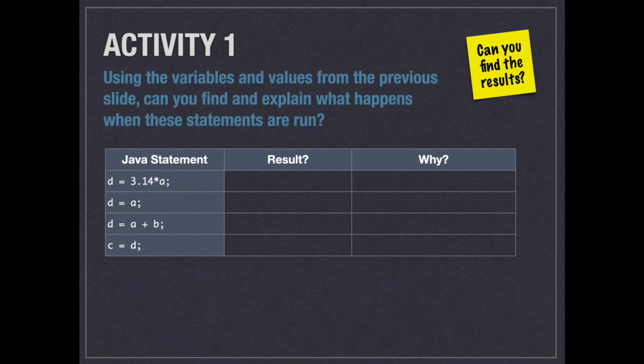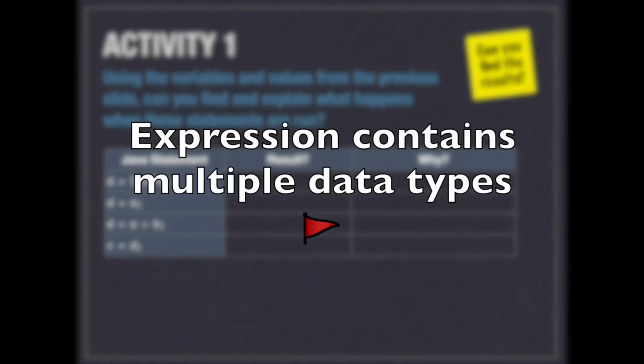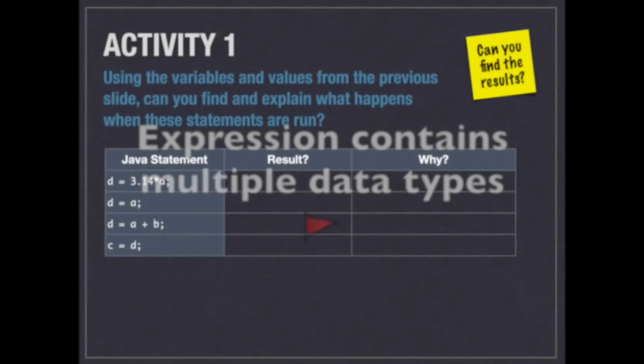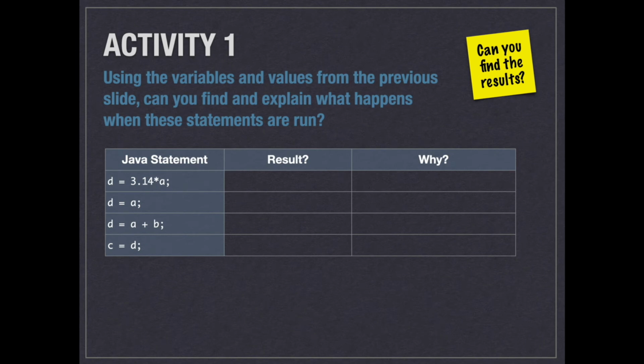So again, on the right-hand side of the equation, we have a mixed data type situation, and we may or may not have a mixed data type situation for the assignment to be carried out. You have to evaluate the right-hand side first, find a result, and know what data type it's in to know whether the assignment is going to be affected as well by a mixed data type issue. So we're just looking at A plus B first, right-hand side. We do have a mixed data type issue. A is an integer, B is a double.